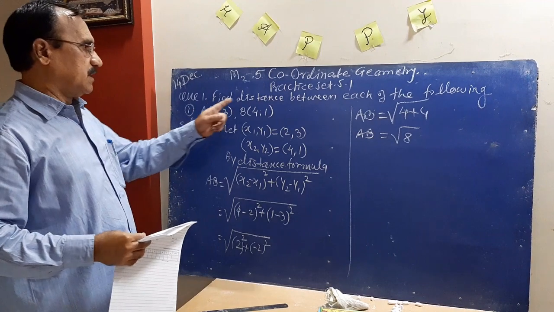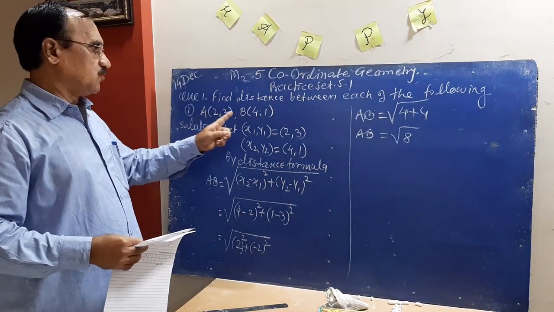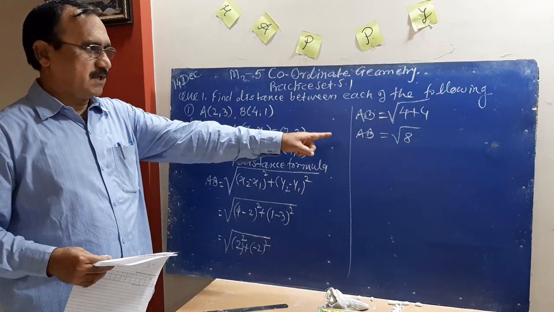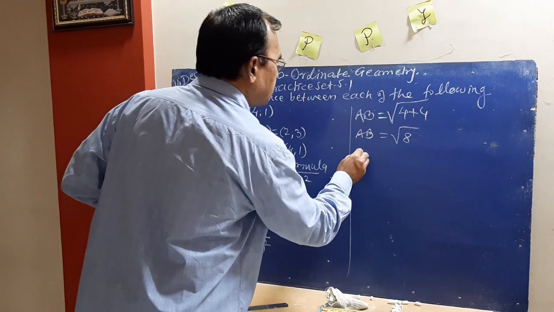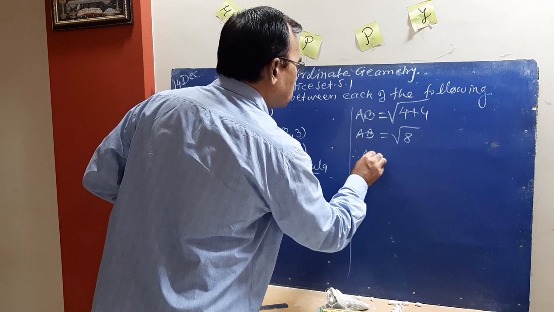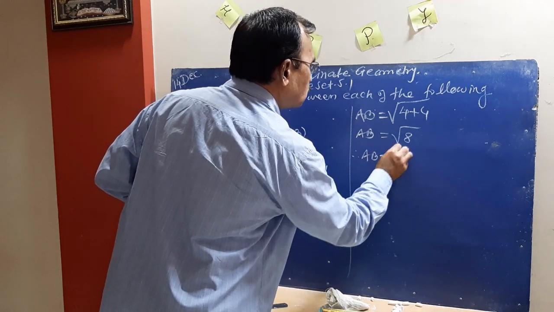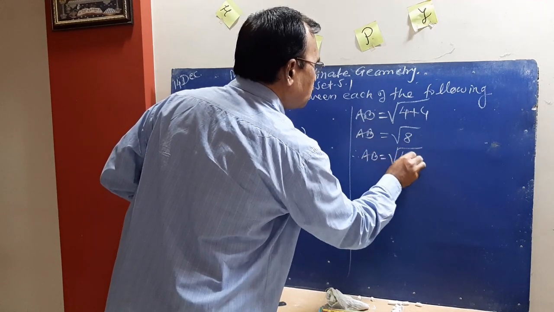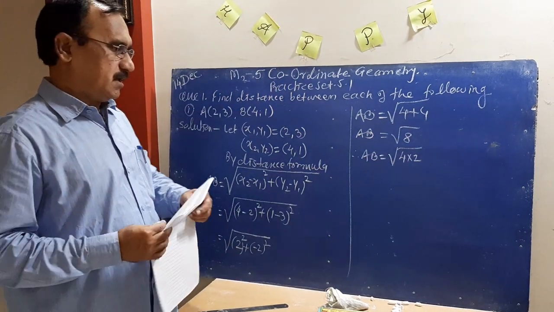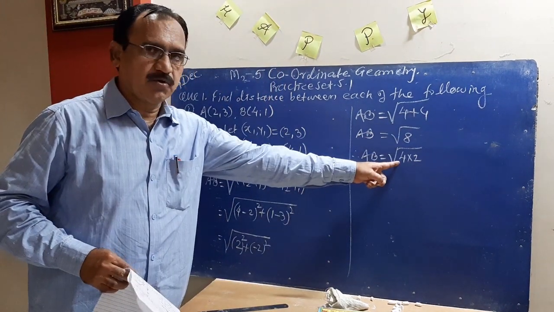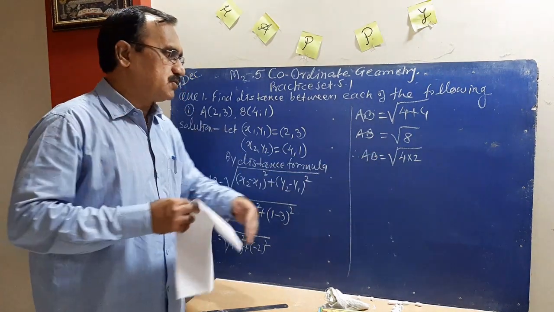We have to find the distance AB, and distance AB is equal to root 8. But we can simplify here. Therefore, root 8: 4 twos are 8, and root of 4, because 4 is a perfect square number, is 2.